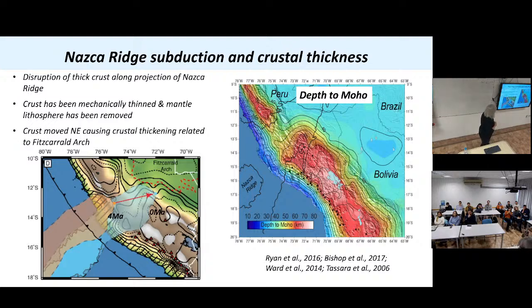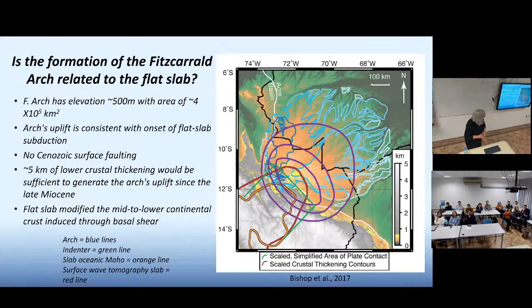As you go down to Bolivia, it's 75 kilometers thick. It's 70 or 75 up here, but right in here, it's maybe 50 kilometers. So it's probably sliced off even some of the lower crust and pushed it out into the Fitzgerald Arch. We don't see anything like that here with the Pampean flat slab. So this diagram sort of shows what that might look like.